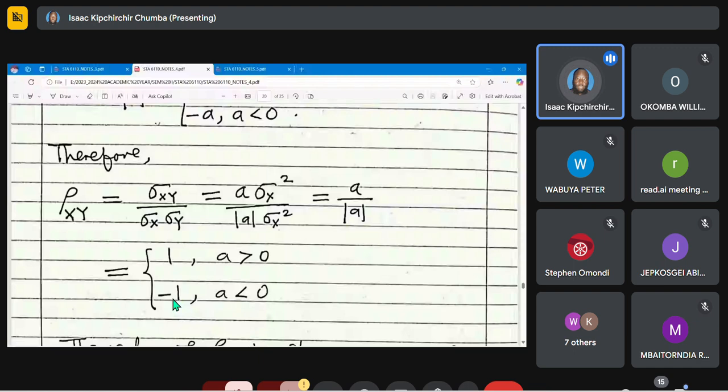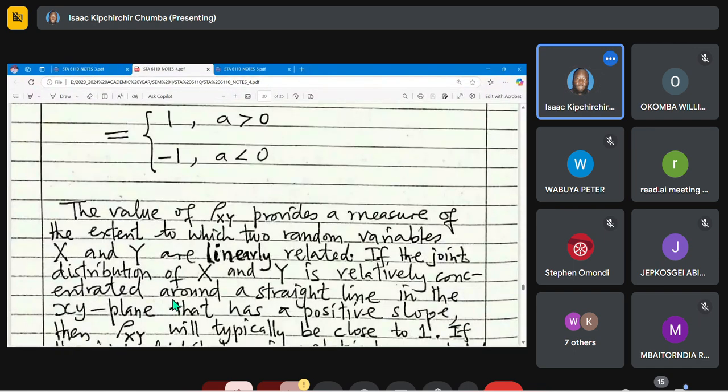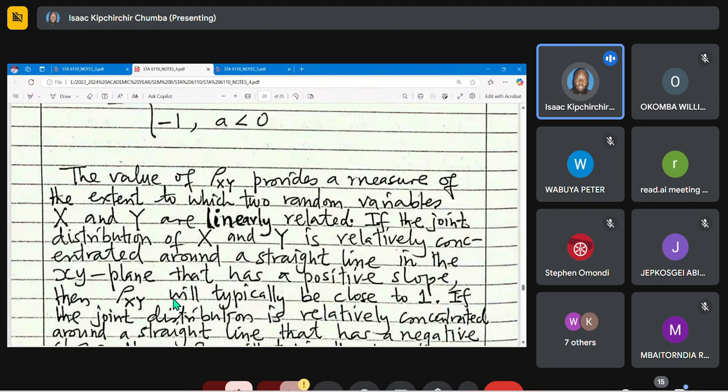Because we're talking about linear relationship. All these aspects are about joint distribution. So if the joint distribution of x and y is relatively concentrated around a straight line in the xy plane that has a positive slope, then the correlation would typically be close to 1.